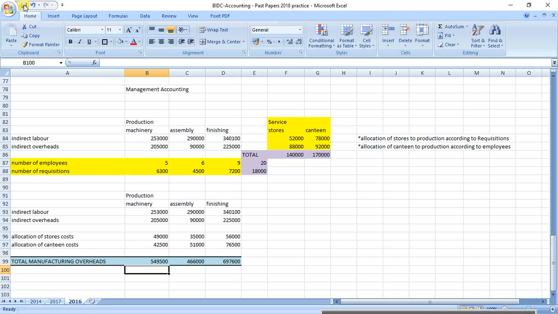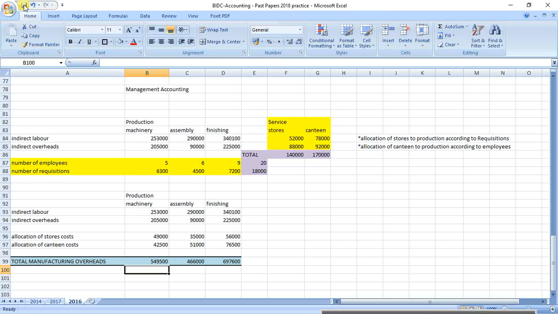Another definition: allocation of costs is the term used to describe the process of charging whole items of expenditure to a cost center or a cost unit. Okay, so it's just a process. An absorption rate is looking at how we are going to absorb those costs for each of the units that come out of that specific production line.